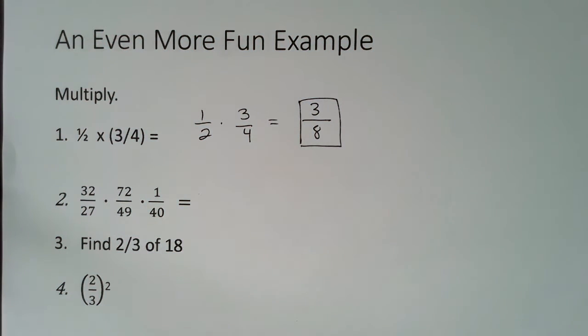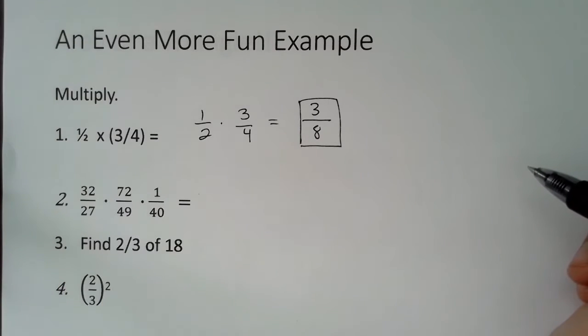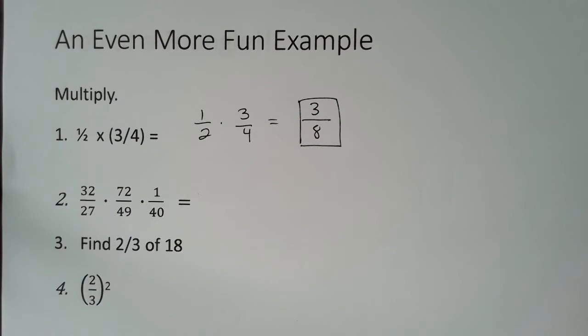Okay? Now what if you had something like this? 32/27 times 72/49 times 1/40. What I would do, if possible, is try to reduce and see if I can cancel anything out.